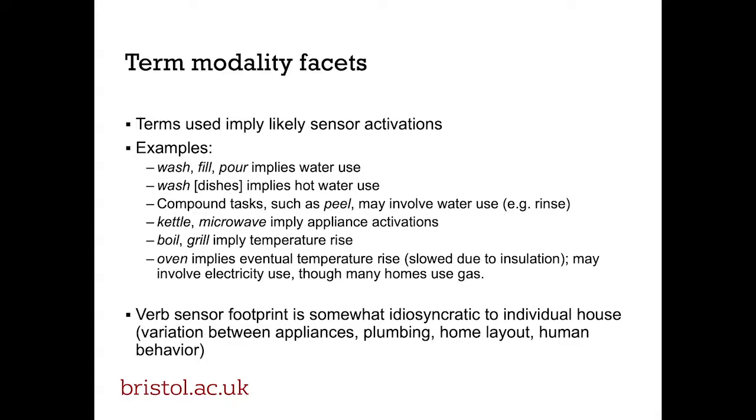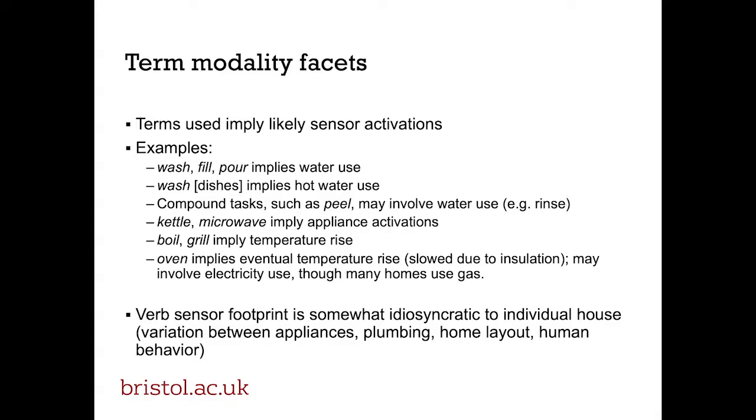So for example, wash, fill and pour tend to imply water use. The first two of those will tend to imply literally tap activations in a large number of cases. Pour perhaps slightly less so. In certain cases, specific items will be implied. So in the case of washed dishes, it is very likely that hot water use will be involved somewhere, although perhaps not at the time that an individual dish is washed.